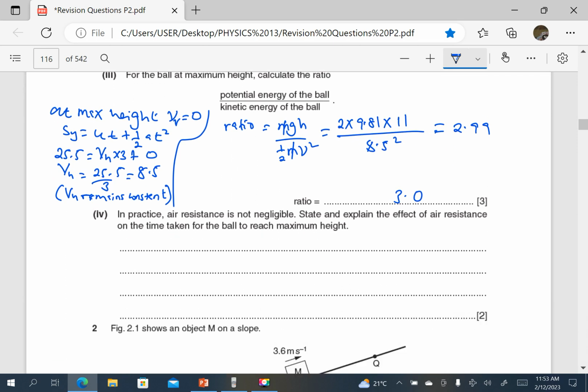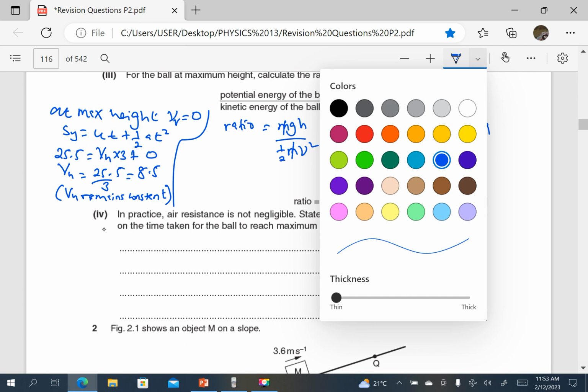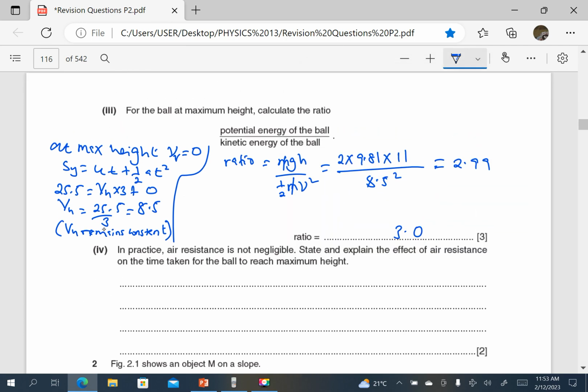In practice, air resistance is not negligible. State and explain the effect of air resistance on the time taken for the ball to reach maximum height. Of course, since air resistance is not negligible, the ball will reach maximum height in a shorter period of time. The air resistance increases the resultant force down. Because the ball is moving upwards, the weight is downwards and the air resistance is also downwards.